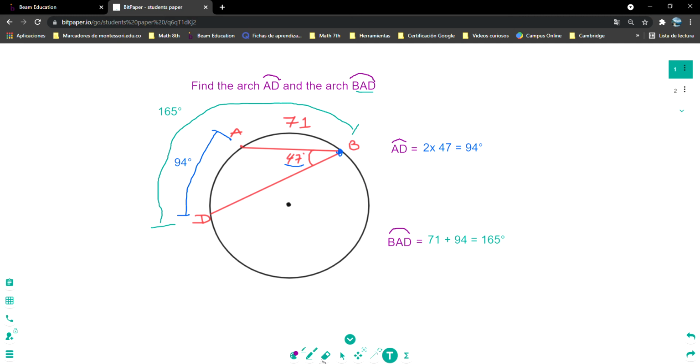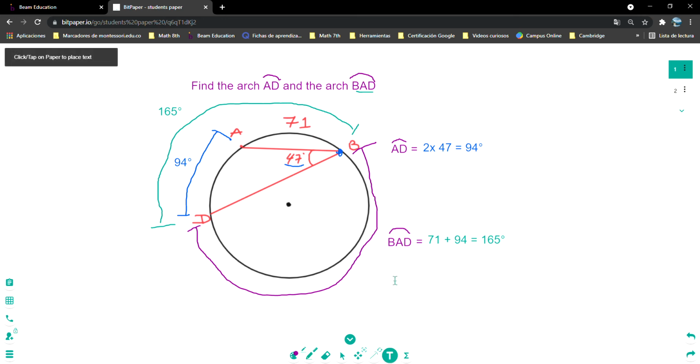So guys, like the last example, if they ask you to find the complementary arc, the arc BD, imagine that they ask you to find this arc BD, all of this purple side, we just need to subtract from 360, that is the addition of all the arcs in the circle.